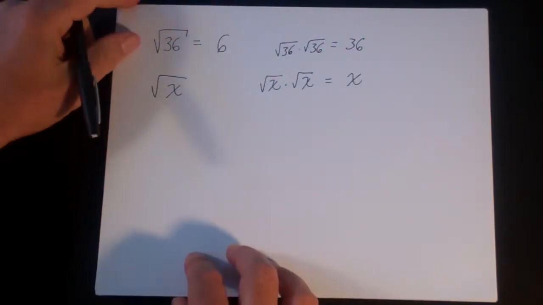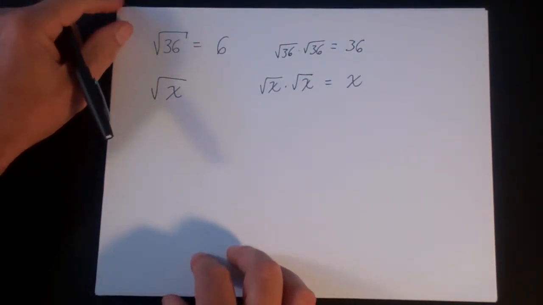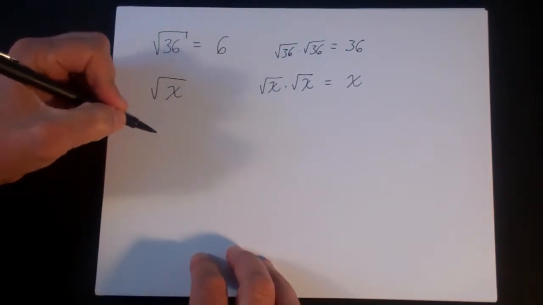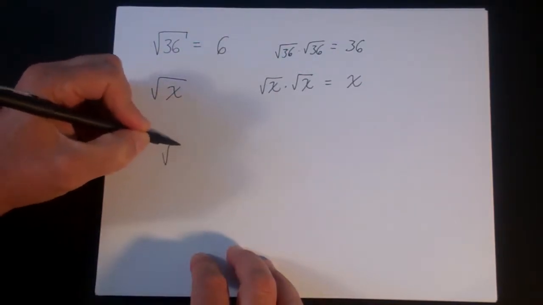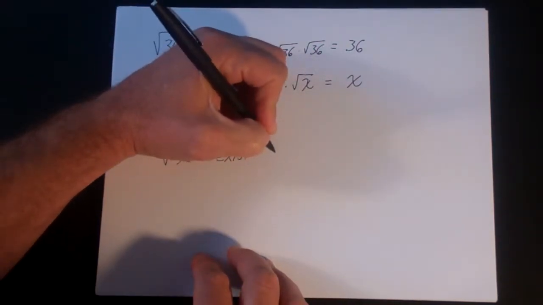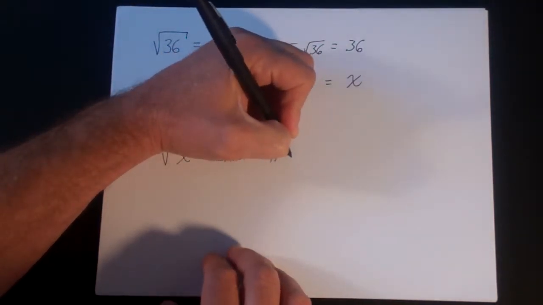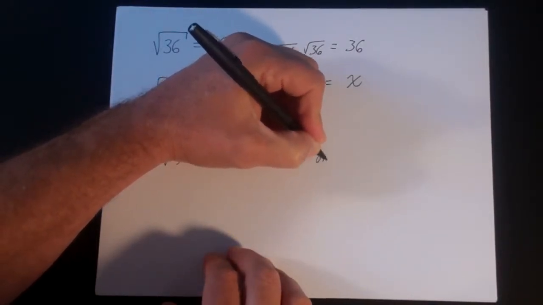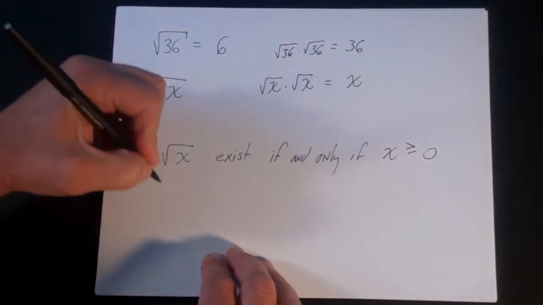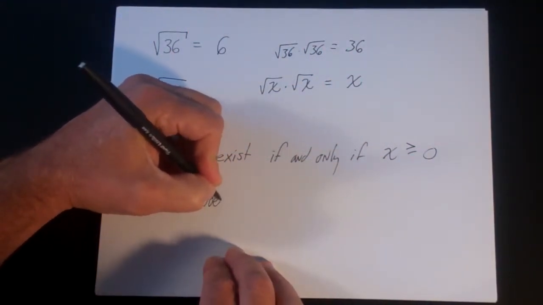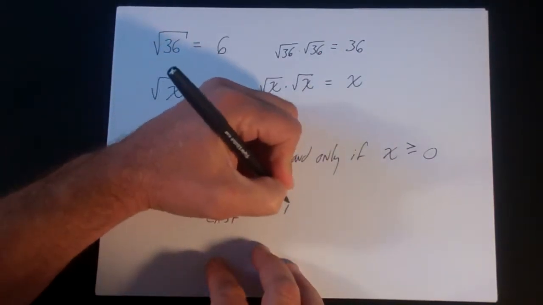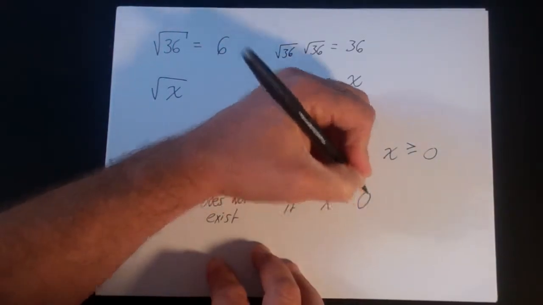Now, that number sometimes exists, sometimes is easily found, and sometimes is an irrational number. So we need to first come up with the idea about when it exists. We say that the square root of x exists as a real number if and only if x is greater than or equal to 0, and it does not exist if x is less than 0.